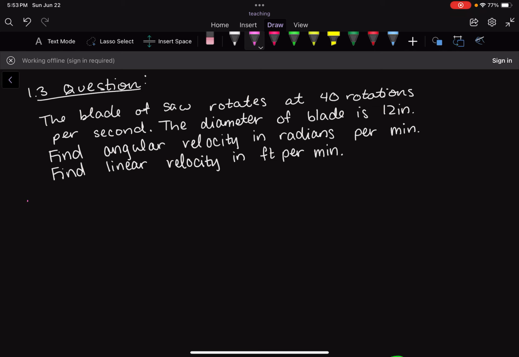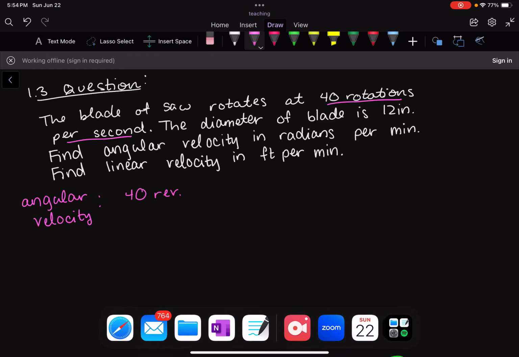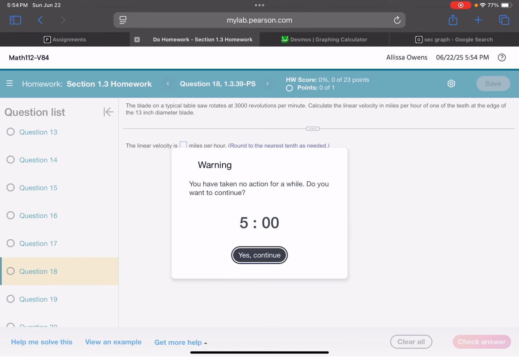So for our angular velocity, I start off that it's 40 rotations per second. Sometimes they'll say rotations or revolutions. I think I based this off of my MATLAB problem.